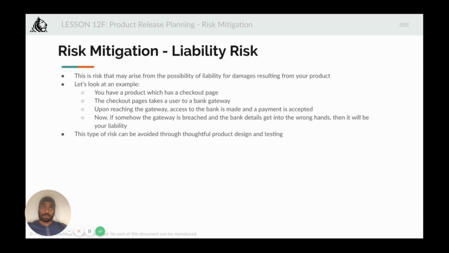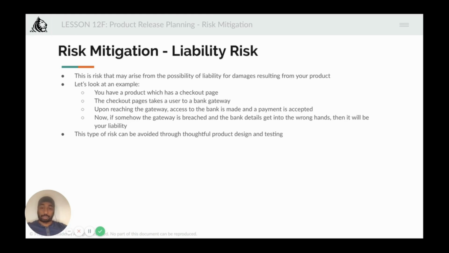Uber faced a similar problem in India when a woman was raped by an Uber driver, and many such examples abound where a marketplace connected two people and some unfortunate incident happened.